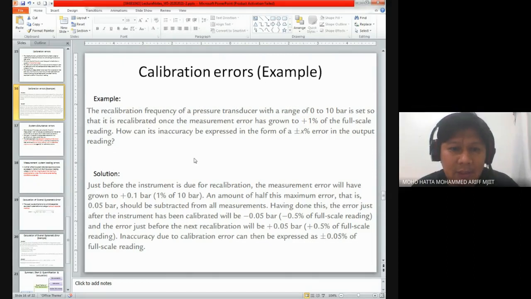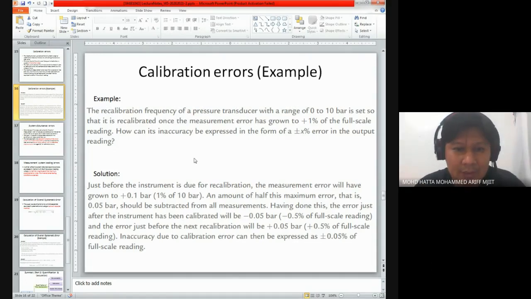How can its inaccuracy be expressed in the form of plus minus X percentage error in the output reading? So the idea here: our instrument, the pressure transducer, has a range of 0 to 10 bar and will be recalibrated if the error has grown to positive 1% of the full scale reading.